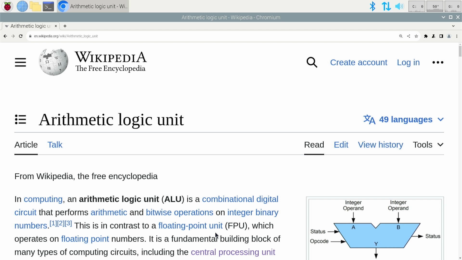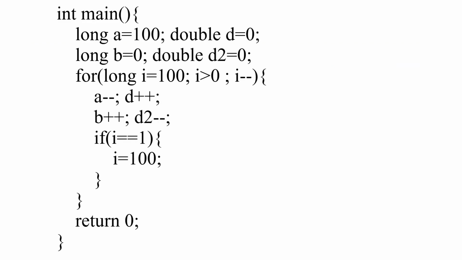Presumably, the CPU can run the arithmetic logic unit and the floating point unit almost simultaneously. I improved my source, not only using data type long for integers, but also the data type double for the floating point numbers. Otherwise, my program is more or less unchanged. The calculations are again independent from each other, so pipelining should still work fine.